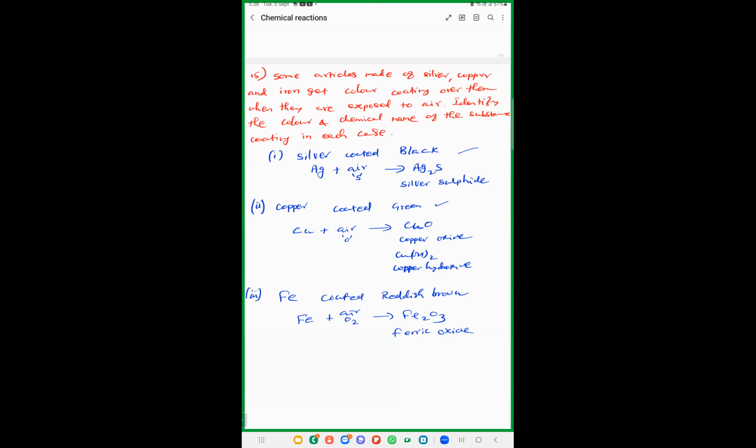So, the next part of the chemical reactions. I think we have seen only 15 problems.